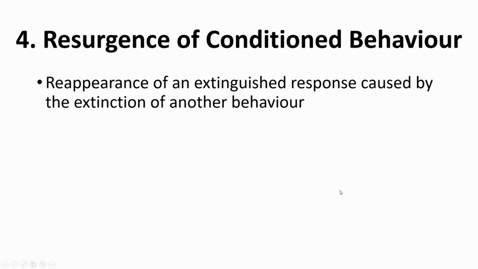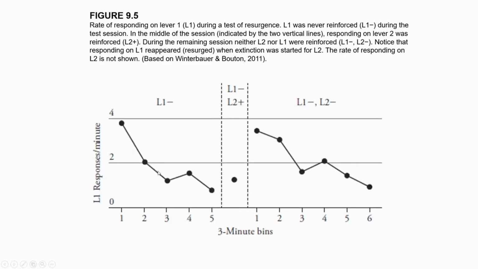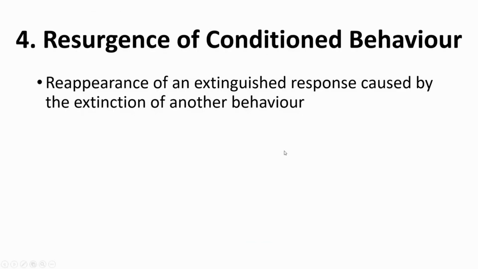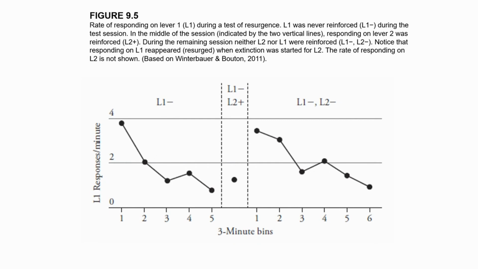As per usual, let's look at an example where actual research had looked at resurgence. In this example, we're going to look at rats in an operant box where they have 2 possible levers, lever 1 and lever 2. During all of this, lever 1 is never reinforced. That's what the L1 minus means.